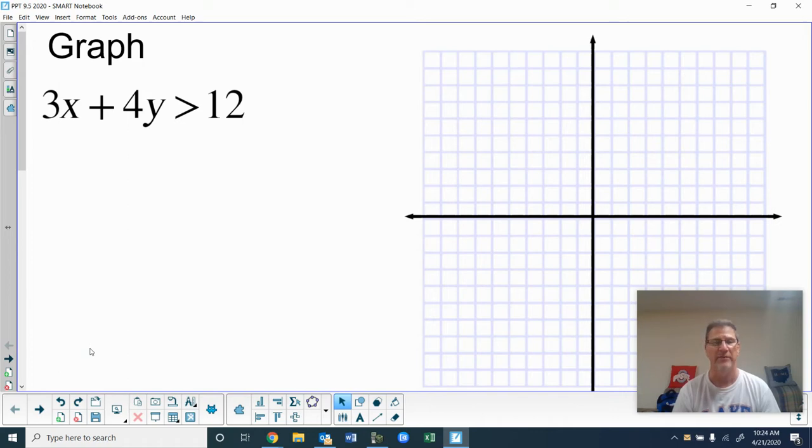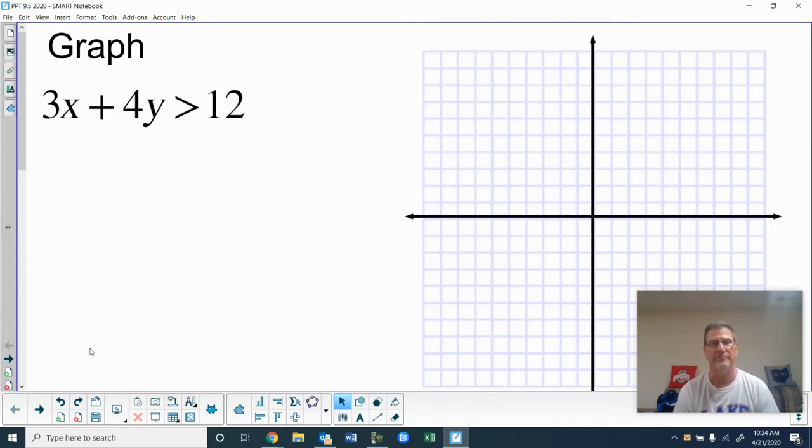So today's lesson is just some graphing, some inequalities, and we've been doing systems. We solved a system of equations by substitution, elimination, and then on Monday we did solving a bigger system using matrices.